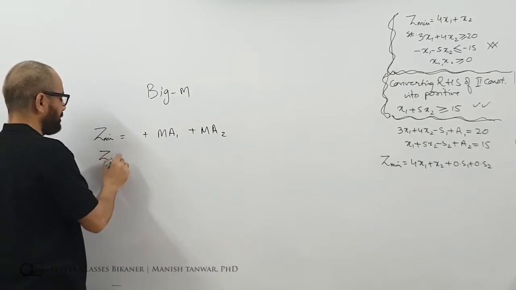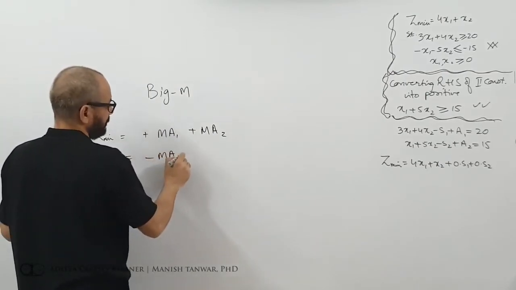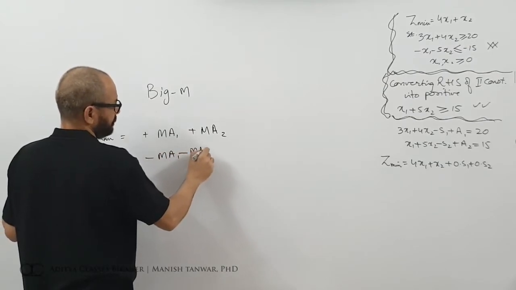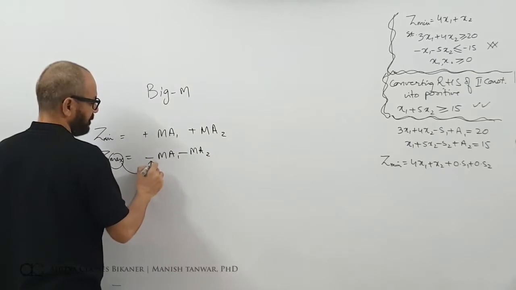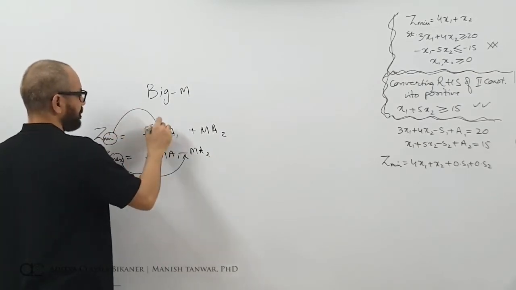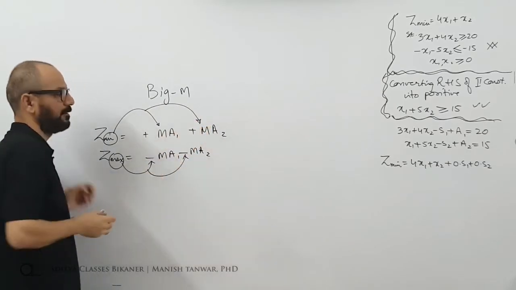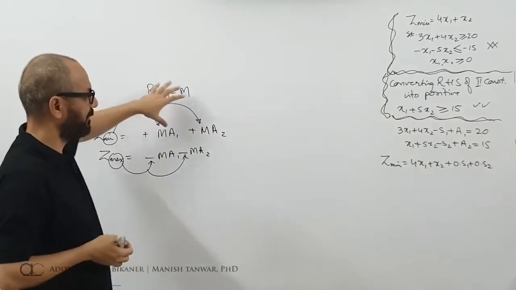If it were a maximization case, it would have been minus MA1 minus MA2. So if it is a max, we make use of negative signs. If it is a min, we make use of positive M's. So this is about big M.